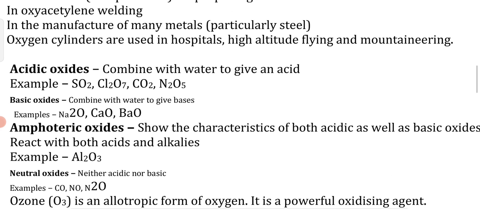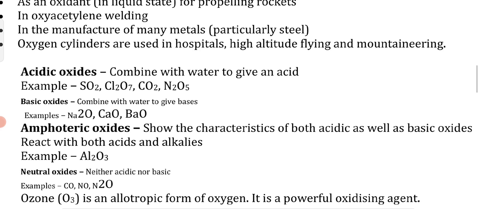Amphoteric oxides are those having both acidic as well as basic nature. For example Al2O3 and zinc oxide, because they can react with both acids as well as bases, and they can form salt and water. So they are called amphoteric oxides.